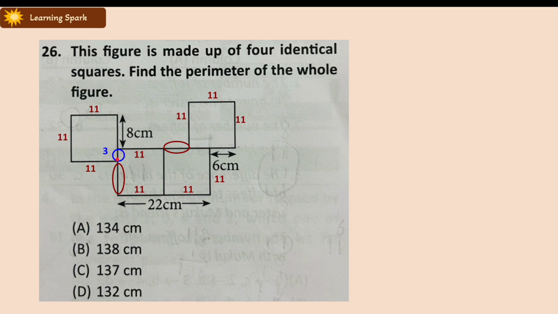So 8 plus 3 equals 11. So this one is 3. Now consider this particular side. This side is also 11, and this is 3, so the remaining is 8. So this particular length is 8.